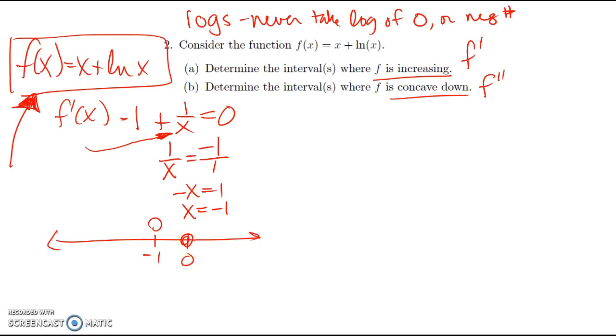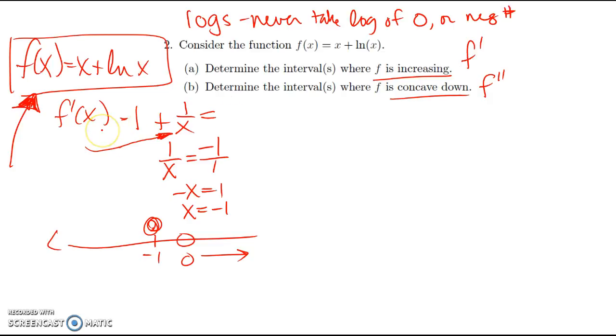So when I look at my number line here, even though this is 0 according to my derivative, I can't use anything except positive numbers. And 0 is an open circle. We cannot use it. So let's see, as we use positive numbers, what this derivative is going to look like, right?